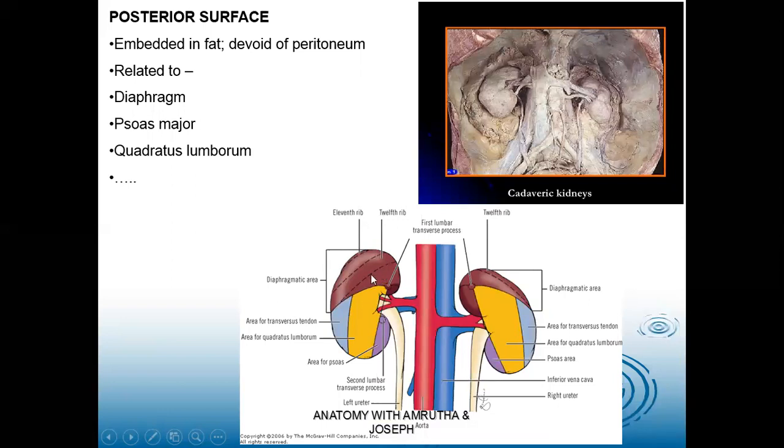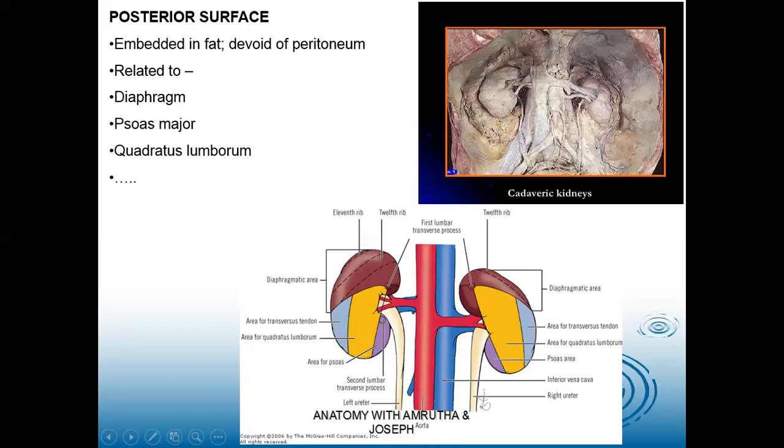On the left side, it is related to the 11th and 12th rib, whereas on the right side, it is related only to the 12th rib, since it is positioned a little lower than the left kidney. It is embedded in fat. This is the fat seen on the posterior surface of the kidney, and there is no peritoneum over there because it is a retroperitoneal organ.